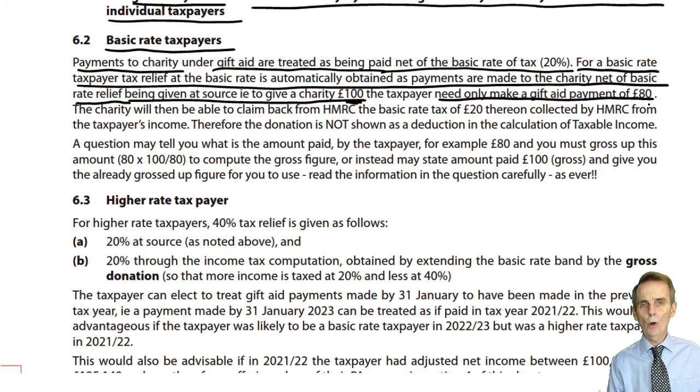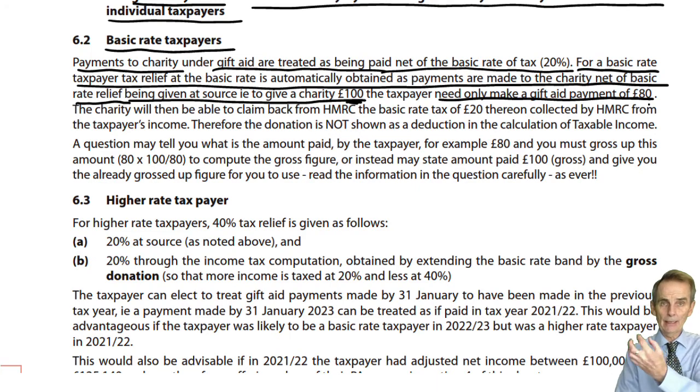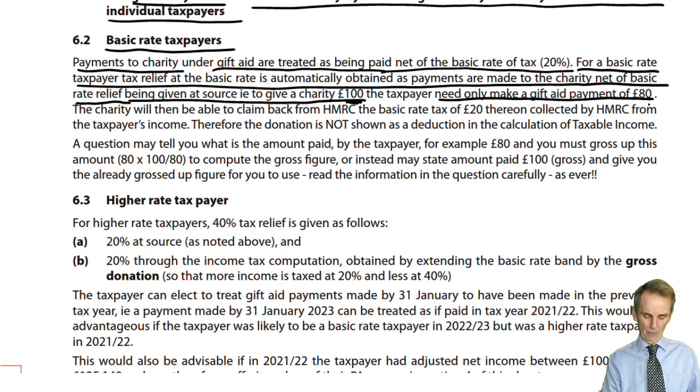You just show your income figure without any deduction of the gift aid payment. They are not deducted from your income figures on the computation. You make your payment, the charity gets £100, your £80 plus £20 of your tax taken by HMRC and handed over to the charity. It's cost you £80 and the charity's got £100.